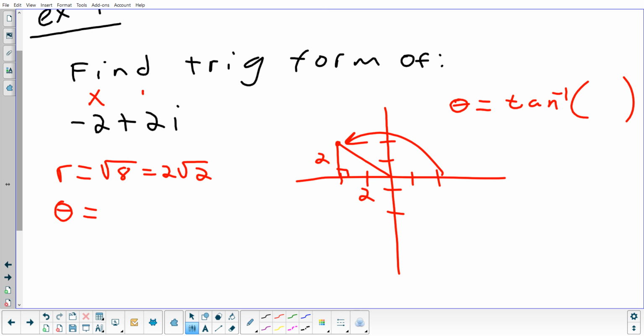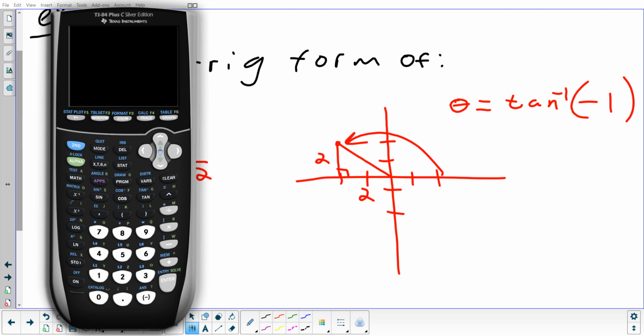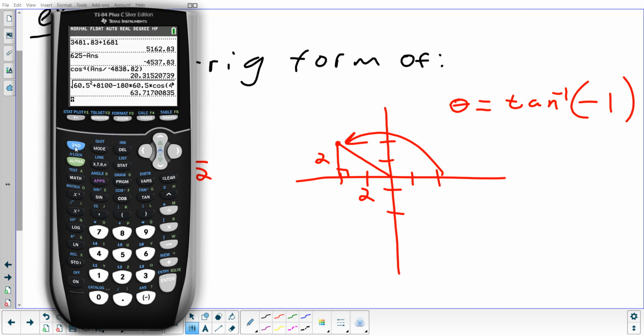Well, that's x, and that's y. What do you get when you divide y by x? -1. So if you do the inverse tangent of -1, you get -45.